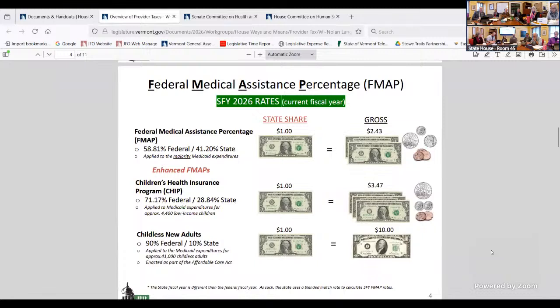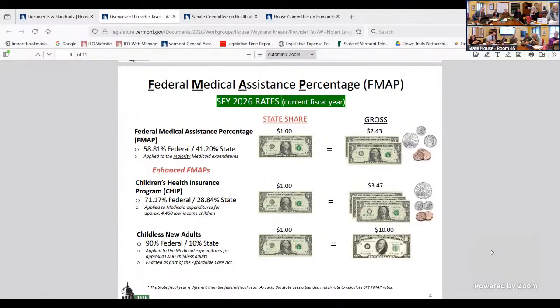I don't remember the last time I did a presentation on FMAP, the Federal Medical Assistance Percentage, but basically that is the formula that's used to calculate the state federal match. We have multiple match rates. Our regular match rate for the majority of the program is 58.81% federal and 41.2% state. This is the state fiscal year 26 numbers.